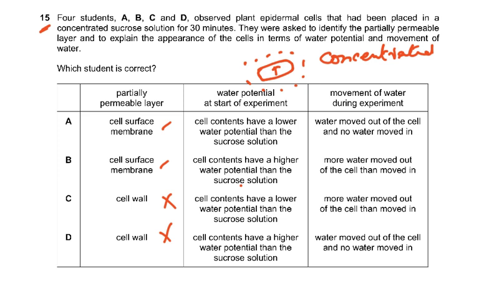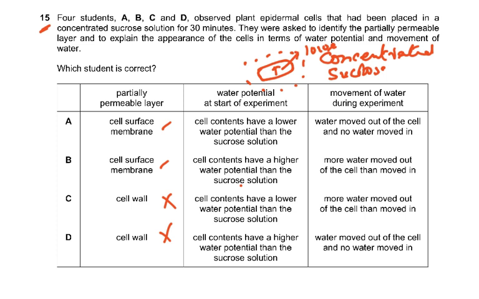Now, the cell contents have a lower water potential. No. Why will the cell contents? Because we said concentrated sucrose solution. So concentrated sucrose solution means lower water potential outside and higher water potential inside than the sucrose solution. So the cell contents will have a higher water potential, and the water is going to move out.